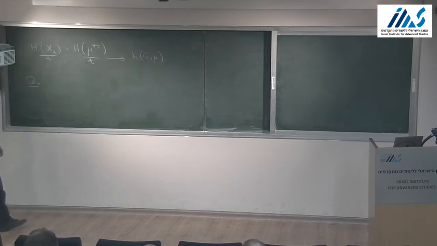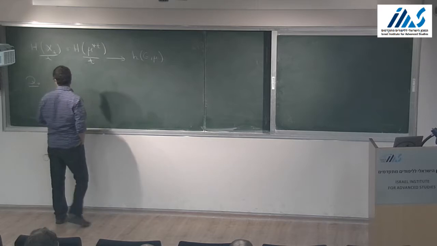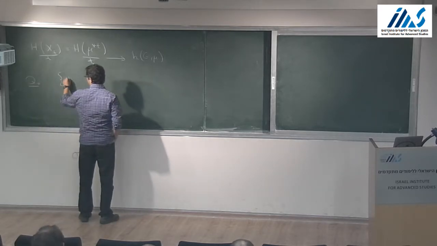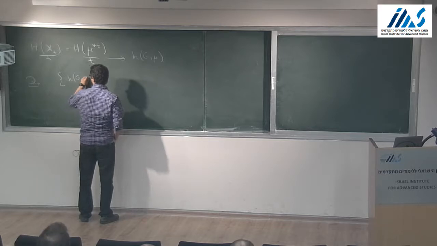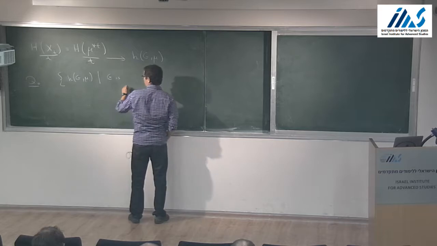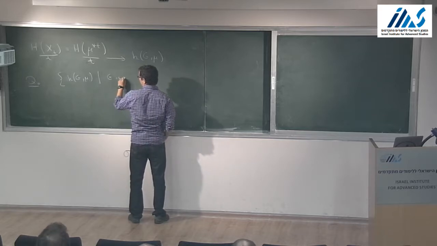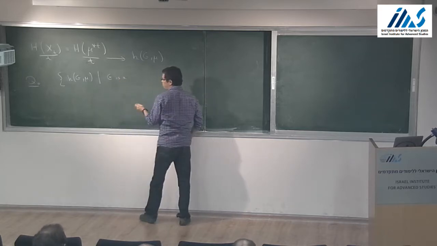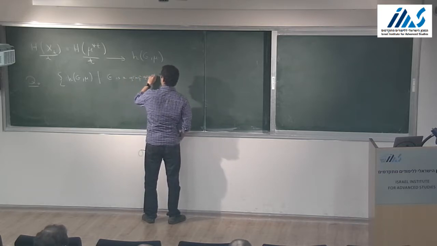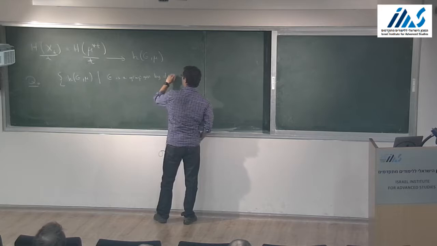So here is a question, which I will not answer because I don't know the answer. Let's look at the set of all possible entropies where G is a group generated by D elements.